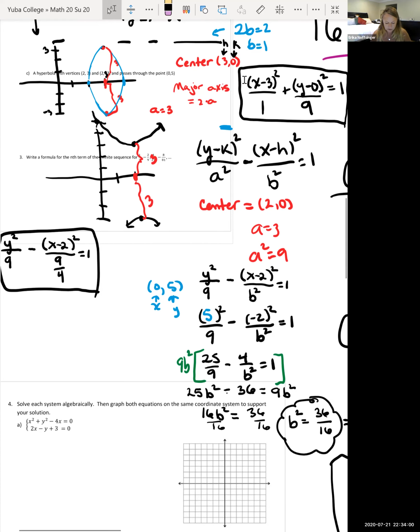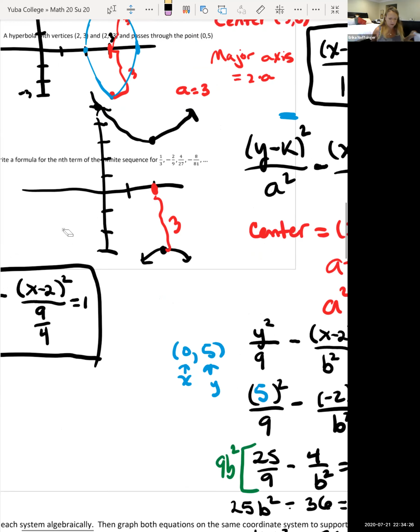Okay, so the next one was writing a formula for a sequence. Let me see what that sequence is. So I'm just going to write that down, and I'm going to pull up a new page. So we have 1/3, -2/9, 4/27.